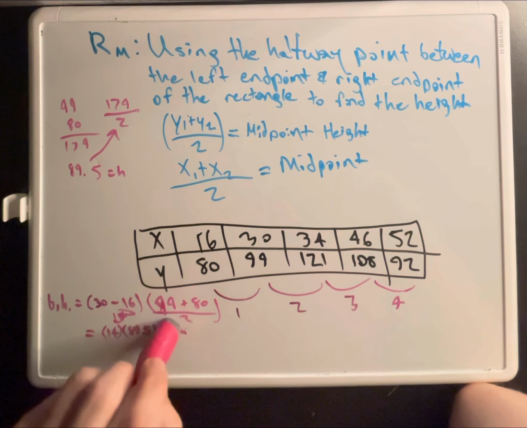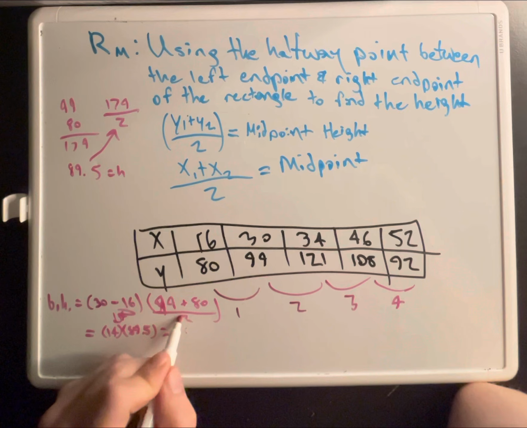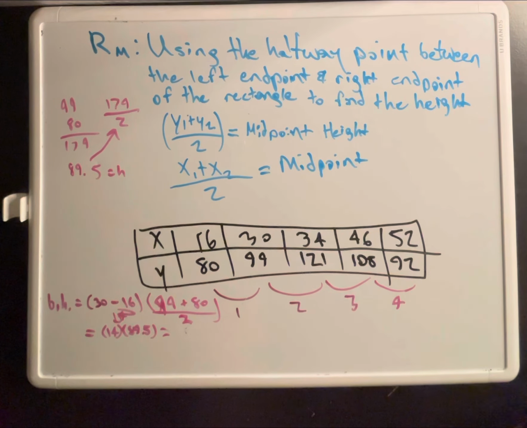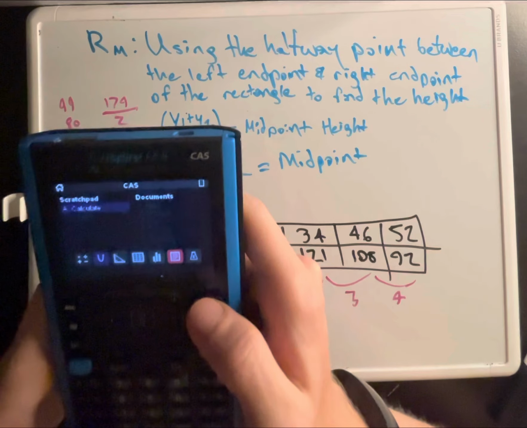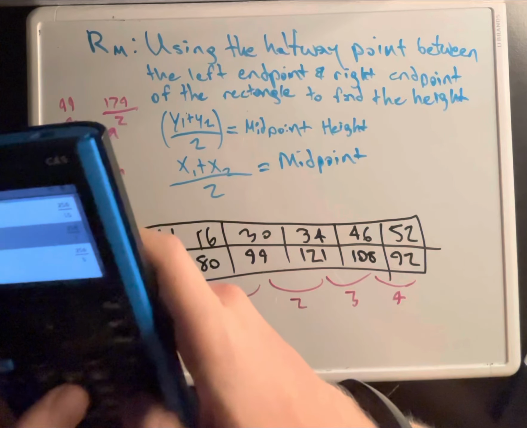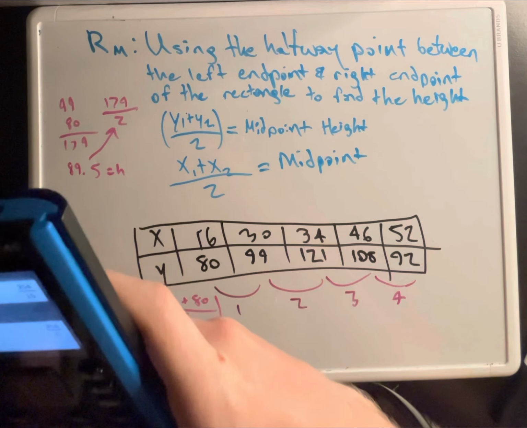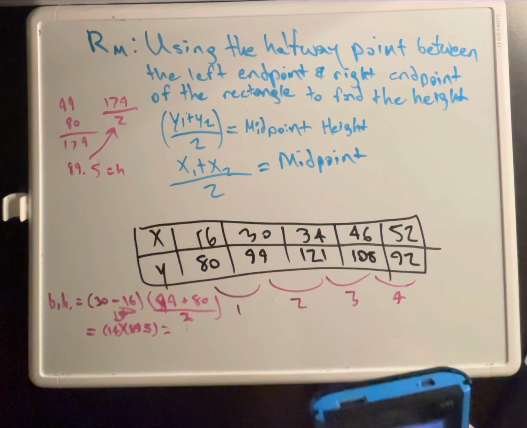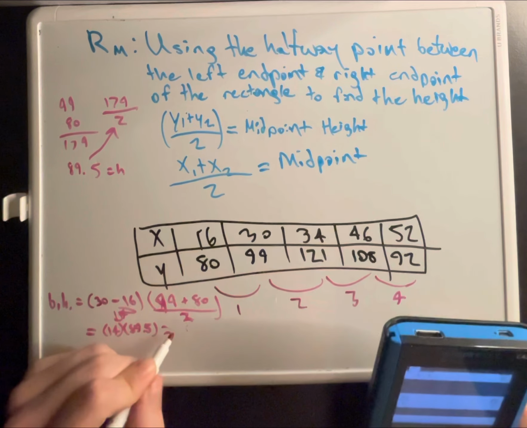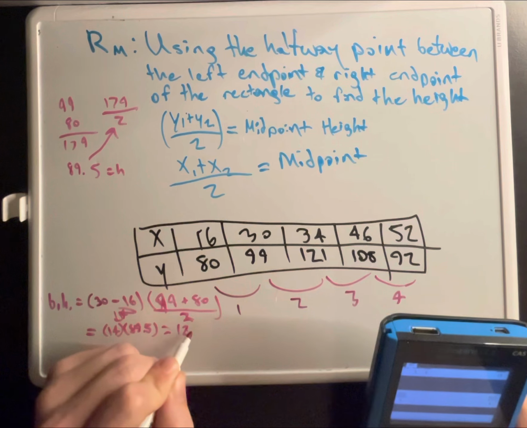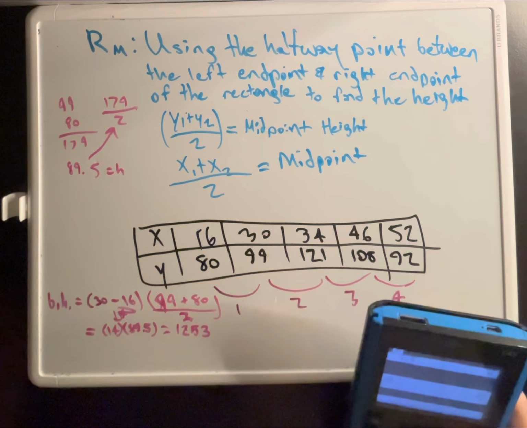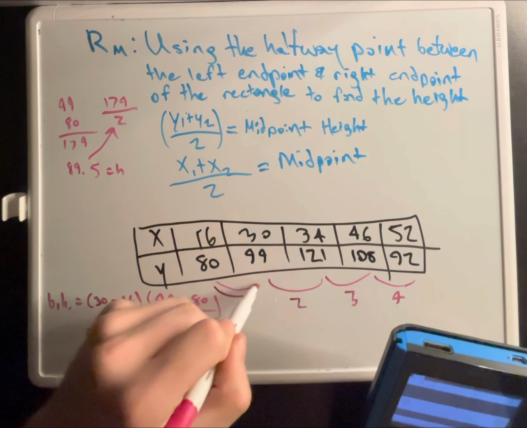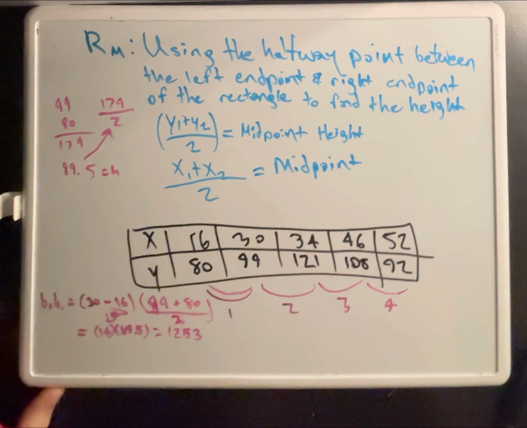Let's grab this handy dandy calculator because I'm lazy right now. 89.5 times 14. That equals a big number. I'm sorry, guys. 1,253. All right, so that's just this one, the first one, right?